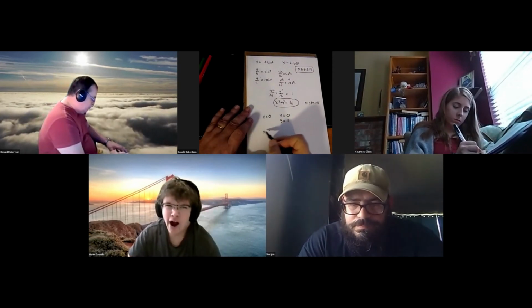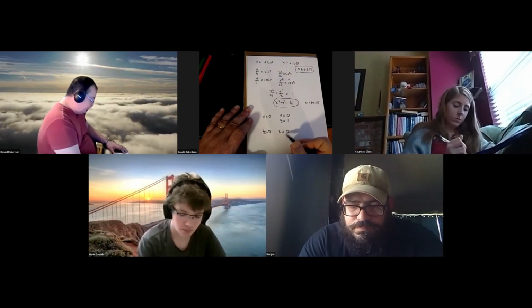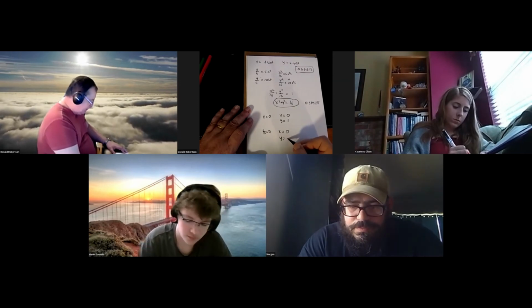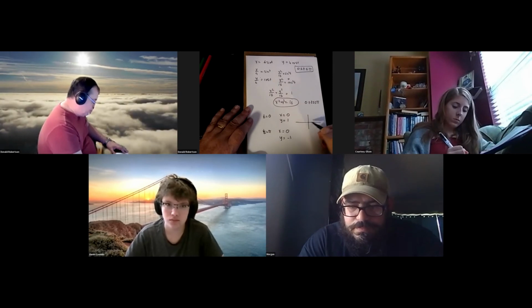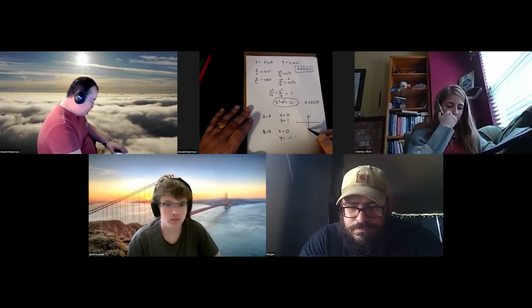When t equals pi, the x coordinate is still 0, and the y coordinate is -1. So 0 in the x, 1 in the y, -1.